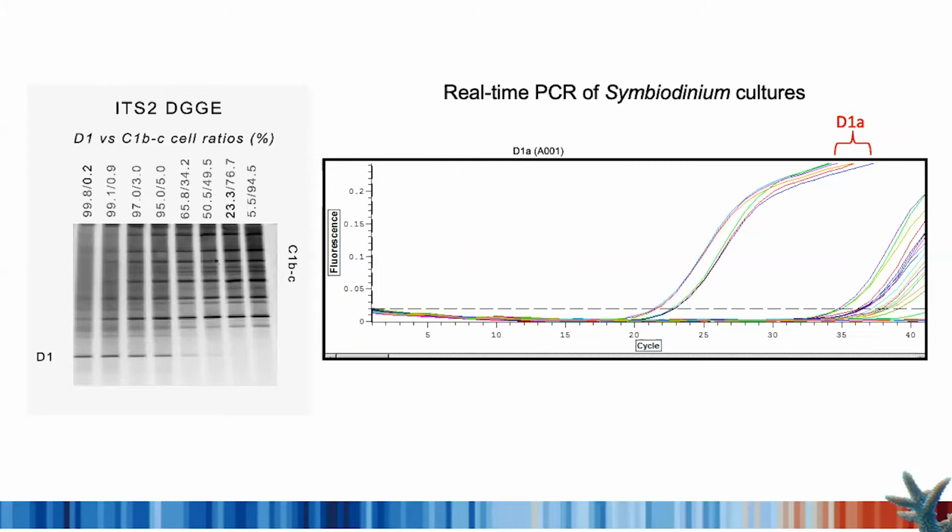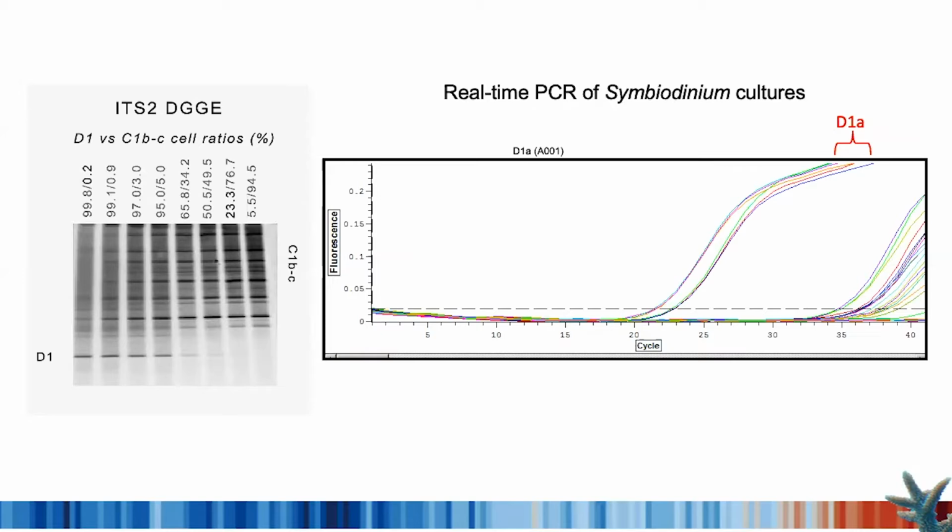Where the C1b, you can see it all the way across. Well, it turns out C1, we found this out much later, has 4 times the copy number of D1. So the resolution of the technique is skewed depending on how many copy numbers the ITS2 has. And that's what was misleading some of these adaptation, switching versus shuffling experiments.